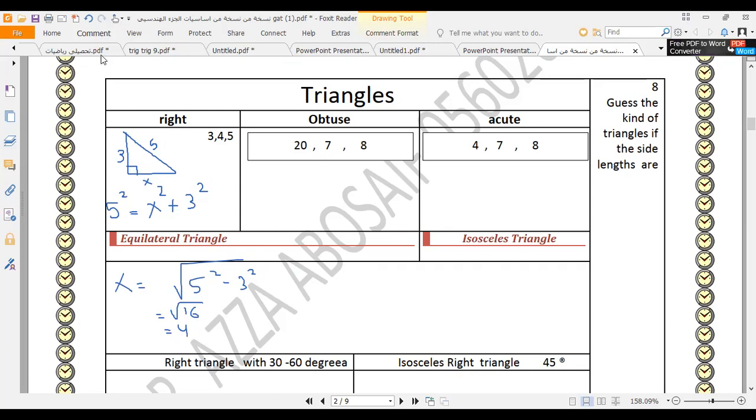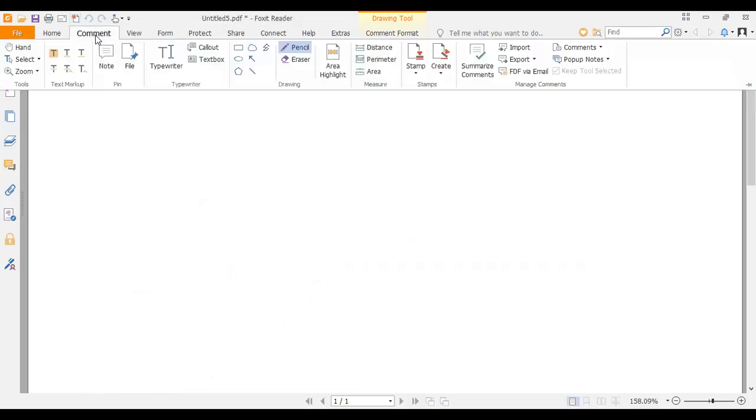But because in the exam I don't have time, I will show you how you can find any missing side using Pythagorean triplets. You have to memorize these numbers.